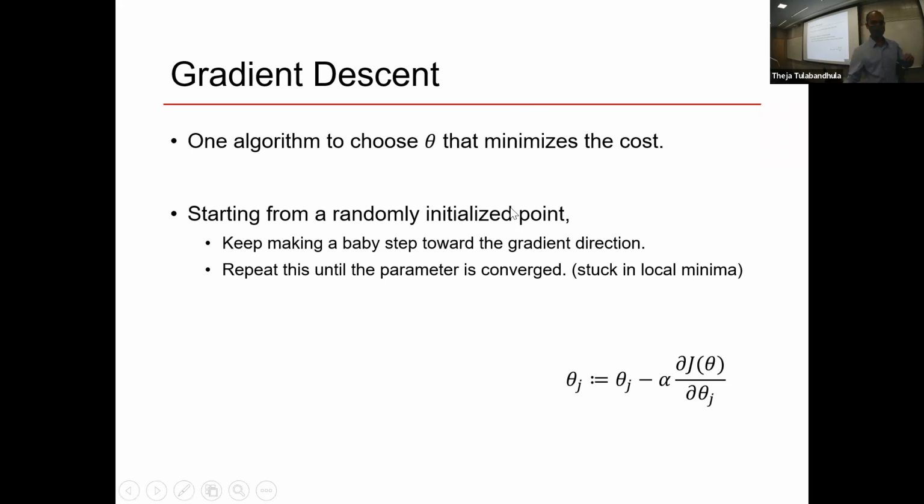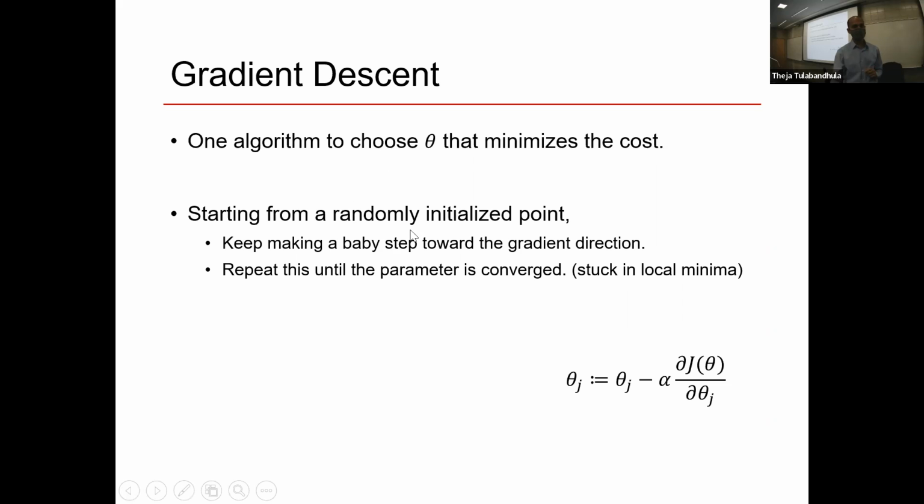You first create that starting theta, and then what we do is keep making baby steps towards the gradient direction. We'll talk about the gradient quite a bit in the next few slides. We want to make a gradient step towards the gradient direction, or the negative of the gradient direction.